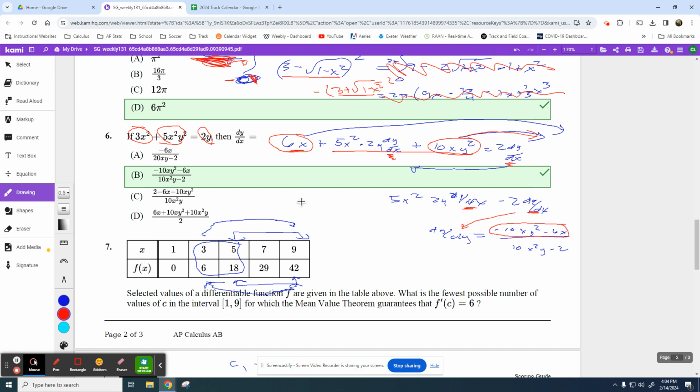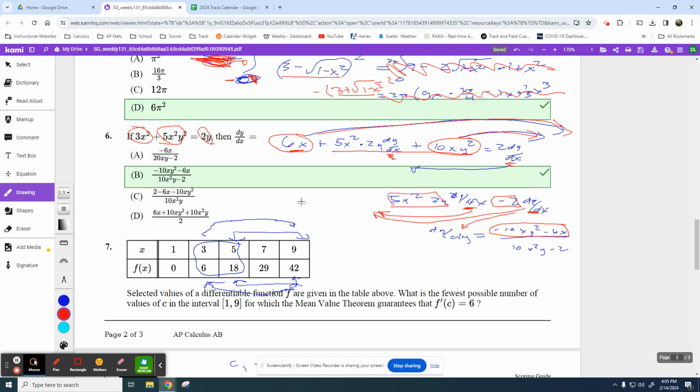This part of the answer here is these two pieces here moved to the right side. So I took 10xy squared, subtracted it, put 6x on the other side. And then since I factored these two out to the front of the left side, what's left is this part here in the box minus 2.